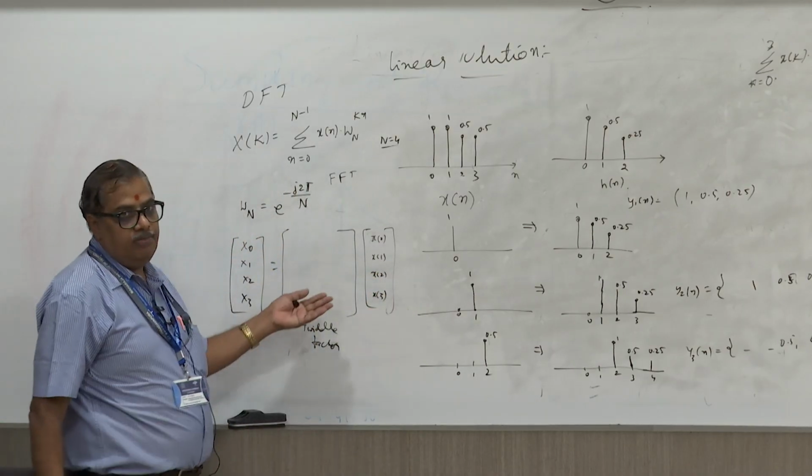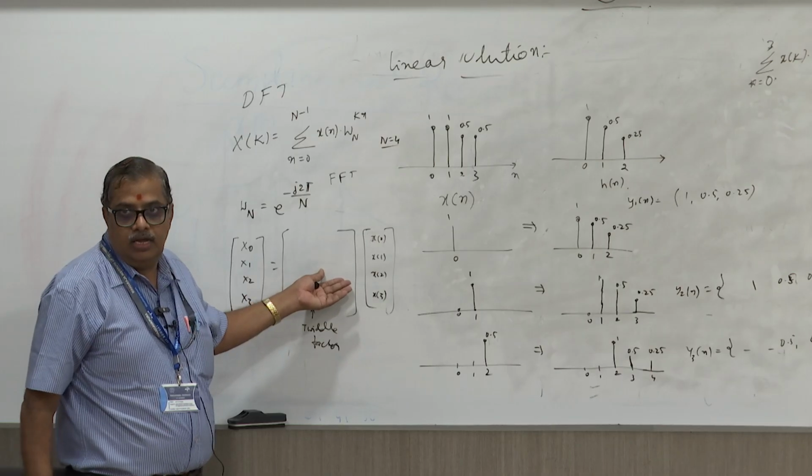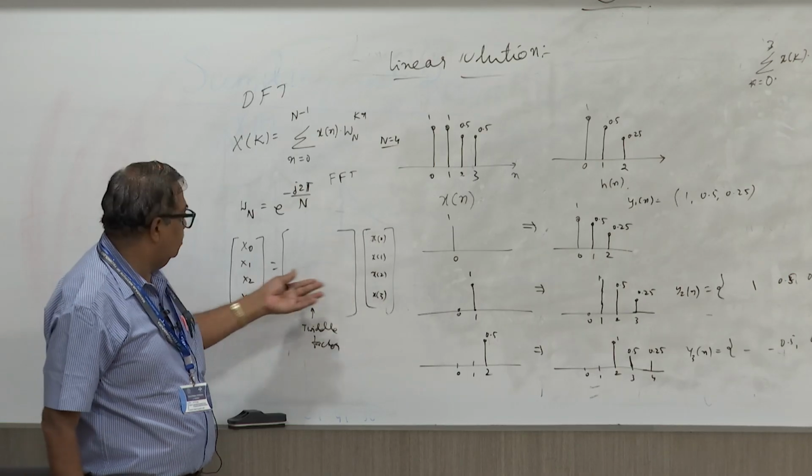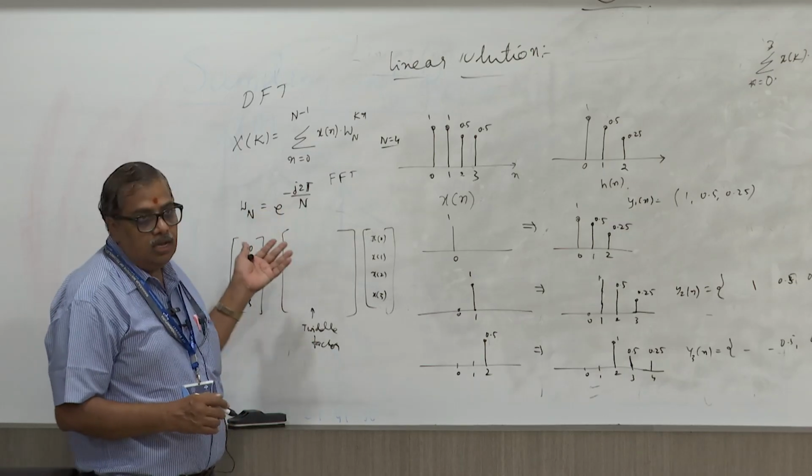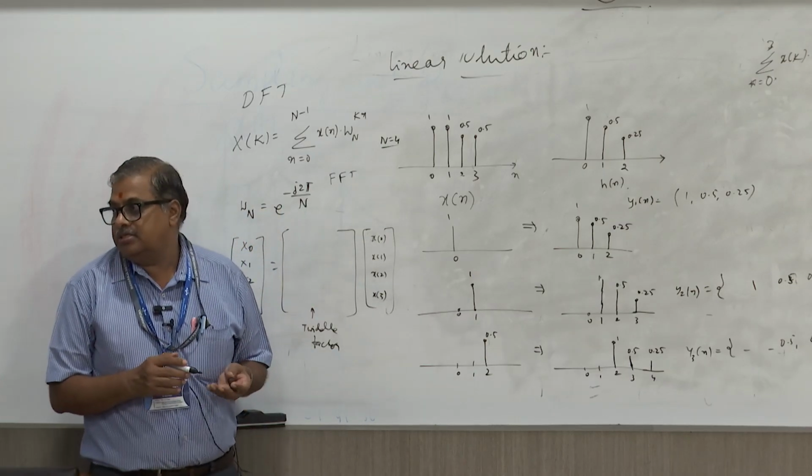This is a simple process of taking the discrete Fourier transform in matrix form. This is one of the transforms that we use in signal processing.